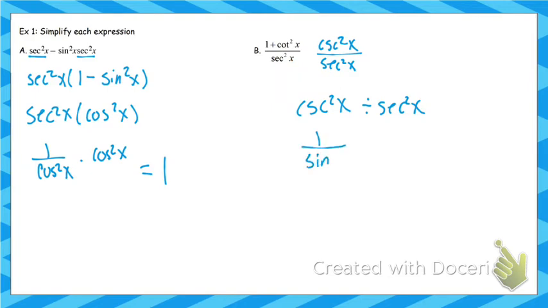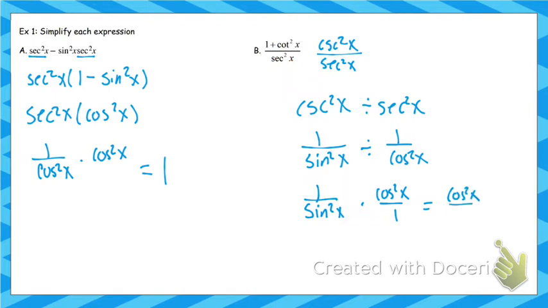This is 1 over sine squared. This is 1 over cosine squared. When we divide, we flip our fraction. That gives you cosine squared over sine squared. Cosine squared over sine squared is cotangent squared.